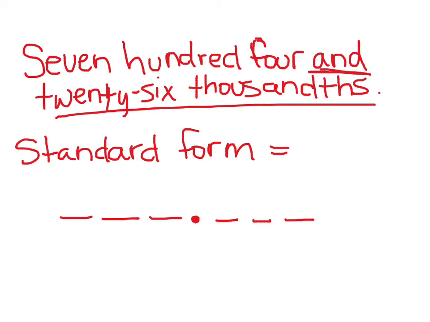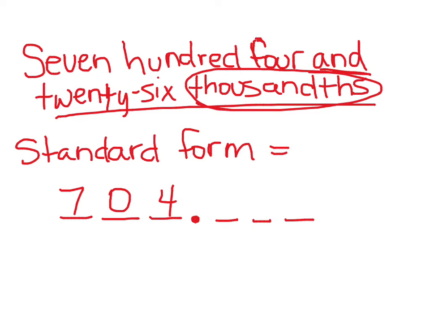704, that's 7 in the hundreds place. That 4 is in the ones place, which means 0 here. That says 704 because the 0 is in the tens place. And then it says 26 thousandths. Whatever your last digit, wherever it falls, that's the name that it's given. So the last digit, 26 thousandths, that means there's a 6 in the thousandths place.